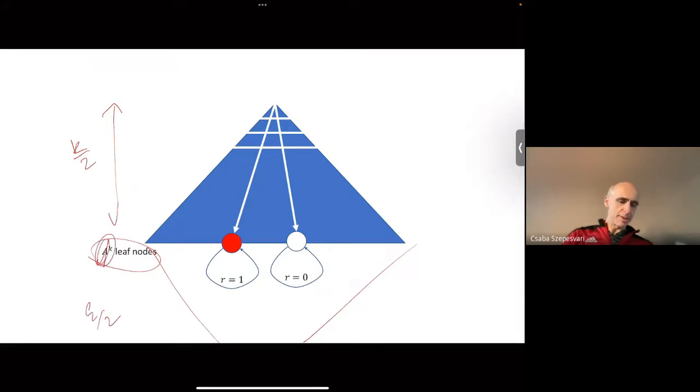So this becomes not a to the power of k, but a to the power of k over 2, basically the square root of a to the power of k. It's as if you were able to plan with a square root number of the actions. So if you can do bidirectional planning, that's usually the benefit: the branching factor can be taken to the square root of what you had before.